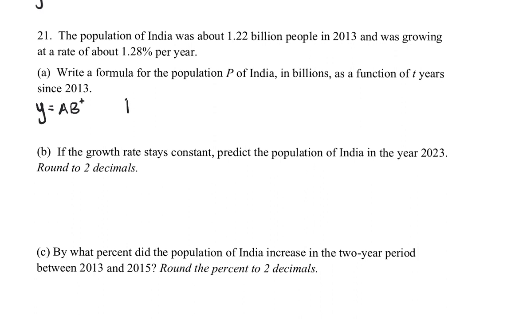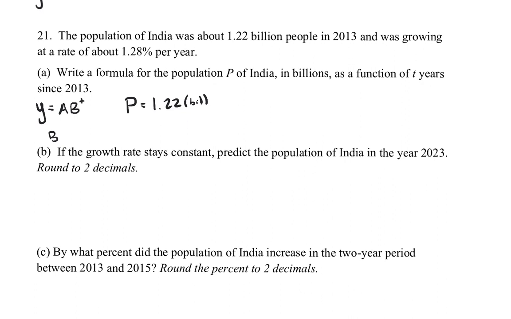So P is our Y value, affected by time. 1.22, and then I'll just put billion here so everyone knows. And then we need to come up with our B, which is our rate.